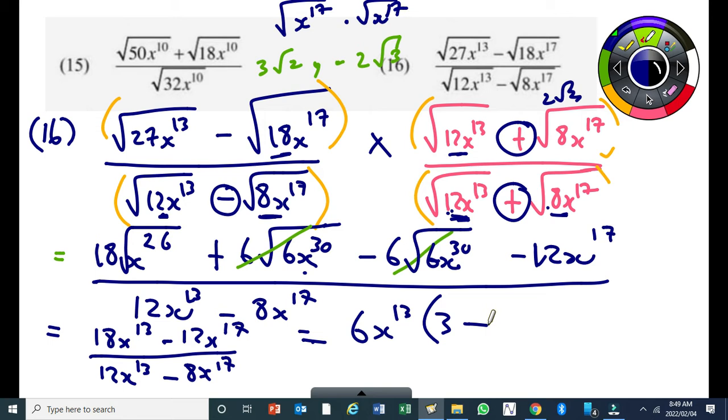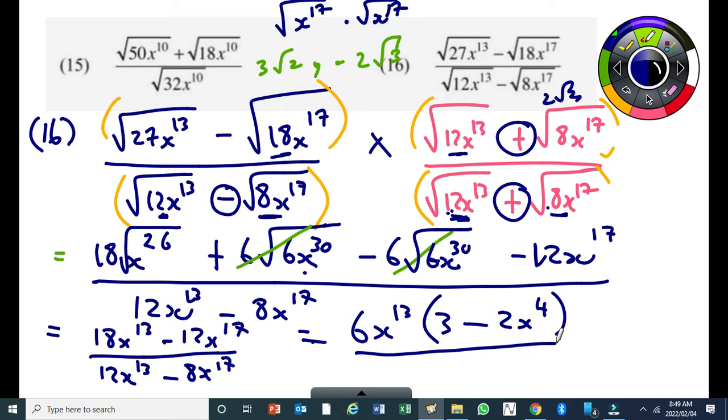Our common factor is a 6 in the numerator, for the integers. Then for x to the power of 13 and x to the power of 17, the common factor is going to be x to the power of 13. That's why I wrote a 6x to the power of 13. Then we've got a 3 minus 2x to the power of 4. That's the numerator there.